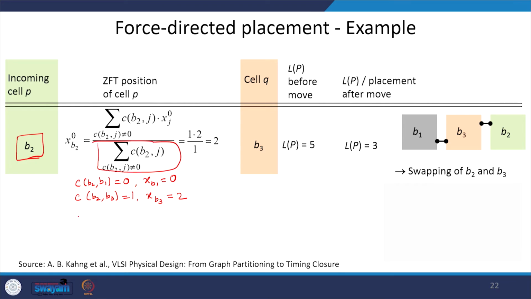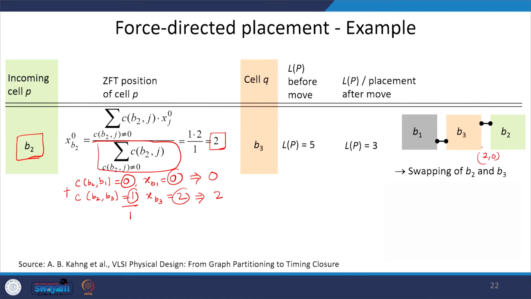The denominator is the sum of these two, which is 1, and the numerator is the multiplication of this into this, which is 0, plus this into this, which is 2. So the answer is 2 by 1, which is 2. So the ZFT position of B2 is 2 comma 0.